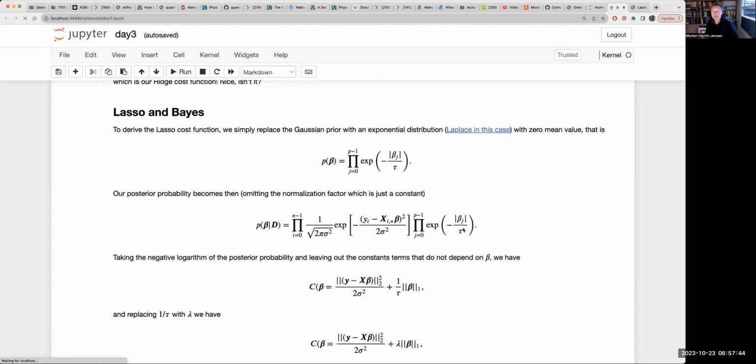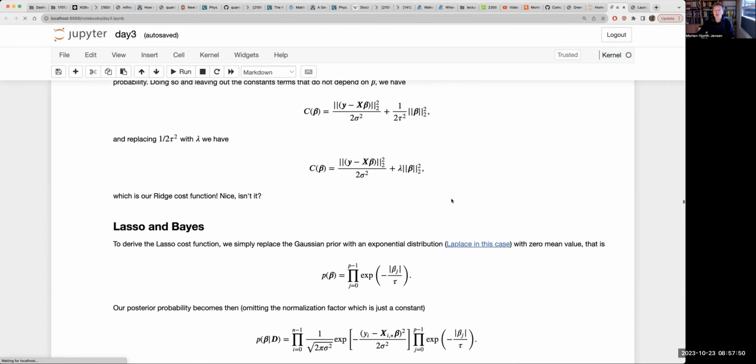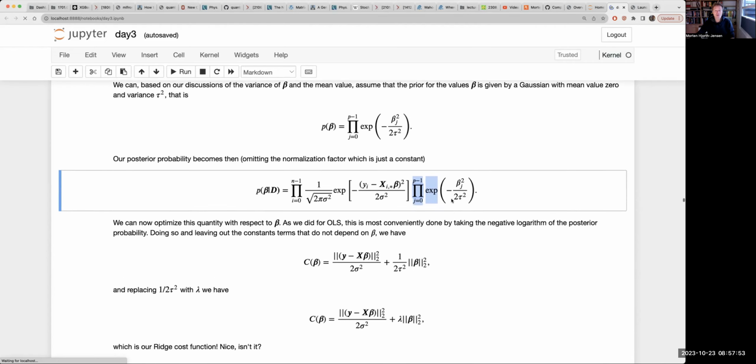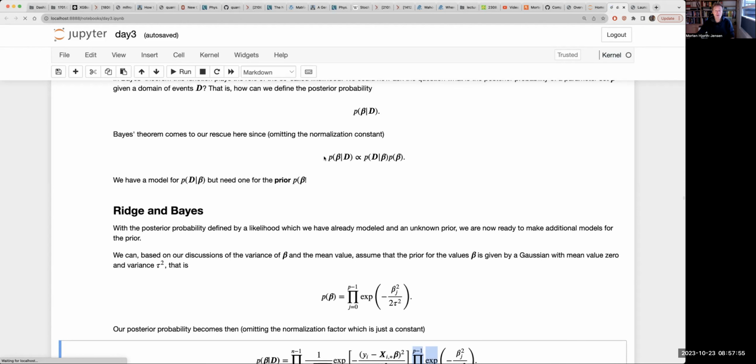So we have a nice statistical interpretation of lasso and ridge regression in terms of Bayes' theorem, and we've been a little bit sloppy here. We don't care about the normalization constant. There is a normalization constant we have to keep in mind, but when we take minus log of this quantity and the derivative, this normalization constant disappears.